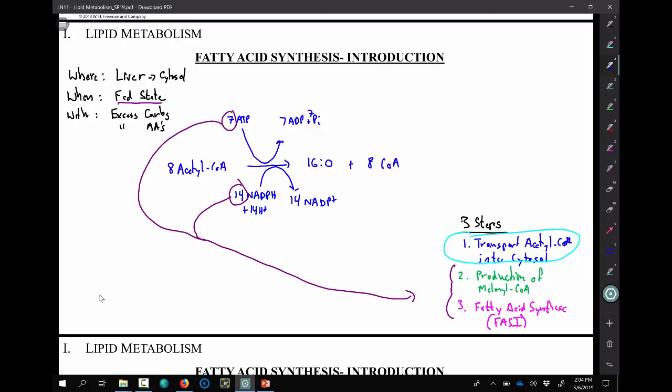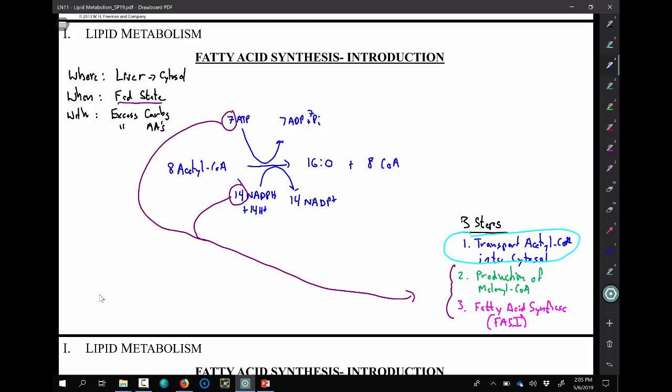We mentioned that it'll take 8 acetyl-CoAs and make a 16 carbon lipid. It's going to need 7 ATP, 14 NADPH to do this. That doesn't account for the ATP needed to move the acetyl-CoA out into the cytosol. So lots of energy being expended to make a 16 carbon lipid.